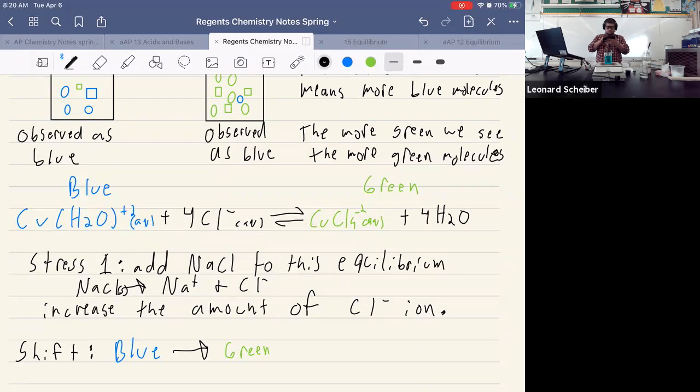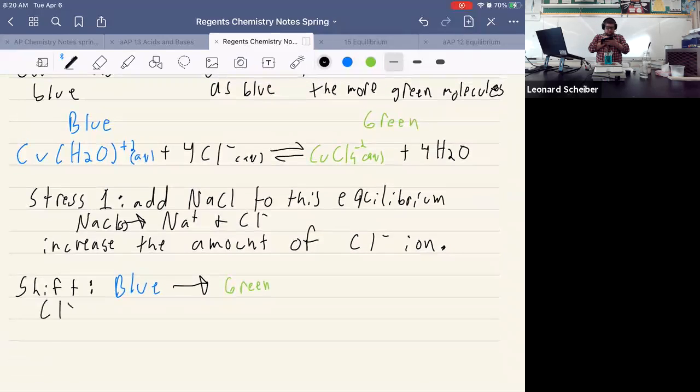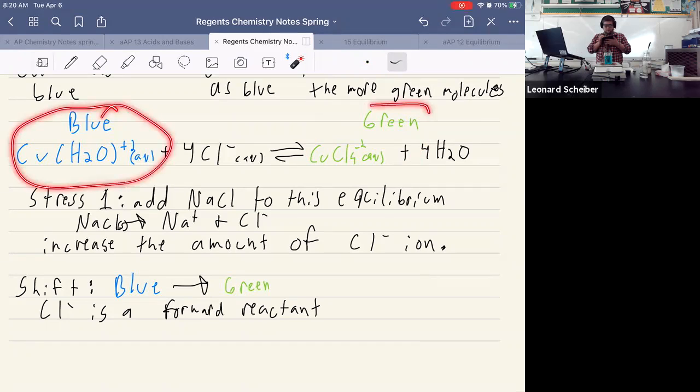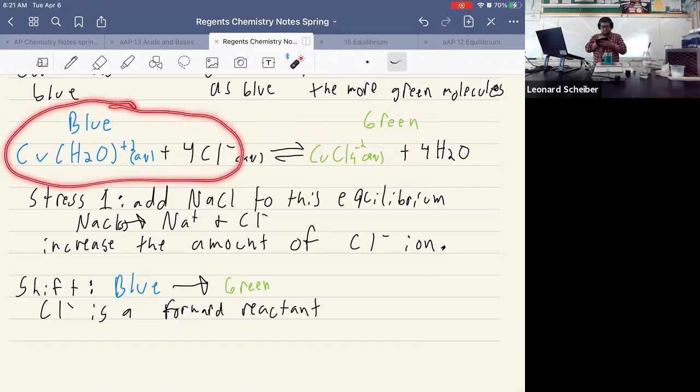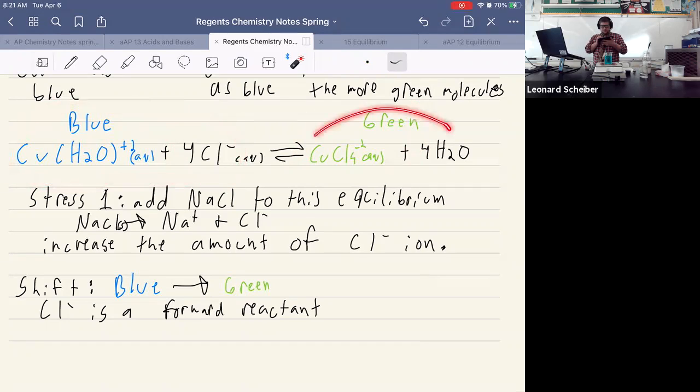Well, notice how Cl- is a forward reactant. And to make something green, we want to produce more of the green stuff. For every one blue we're using, we're creating one green, right? And if we have too much of the Cl-, what the system did, what we observed, is that the system used up more blue and actually went ahead. More blue was used up to create more green.